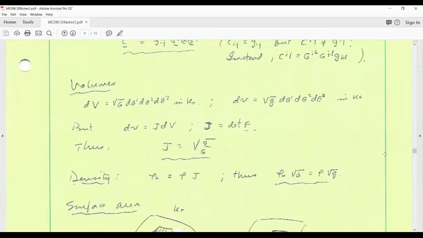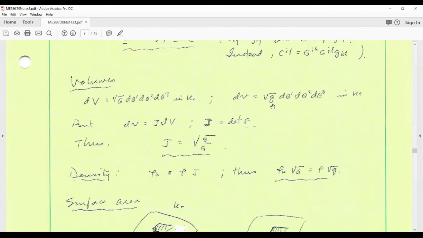Let's discuss for a moment the notion of volume. If you remember when we were talking about the example in spherical coordinates before, I indicated that the volume measure, dv, is given by the product of the three coordinate differentials times the square root of the determinant of the metric. Maybe it would have been better if I had isolated that result separate from that example, but it's embedded in that discussion of the example.